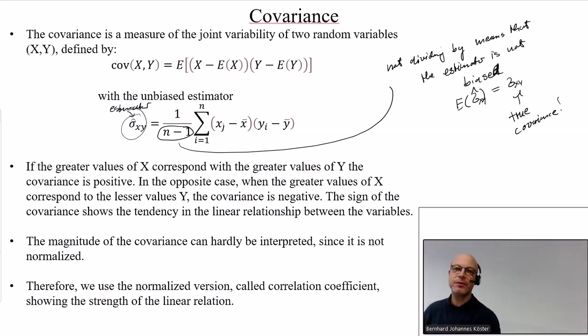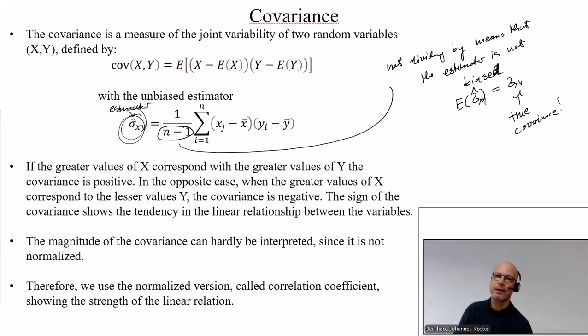would increase or decrease just because of the scaling. And therefore, you can interpret the sign of this covariance, but the number itself, if it's 100 or 1,000 or 0.3, you can hardly interpret because it depends just on your unit which you are using.